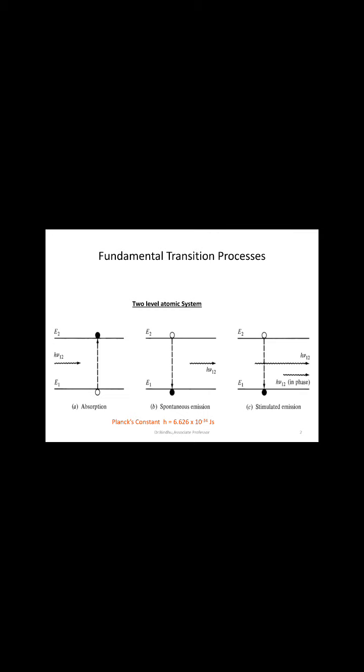It cannot remain over there. Spontaneously it tries to fall back, and once it falls back, it emits a photon. The initial energy is h into v1 by 2 in the absorption stage. In spontaneous emission, it emits a photon with an energy h into v2 by 1 by 2.